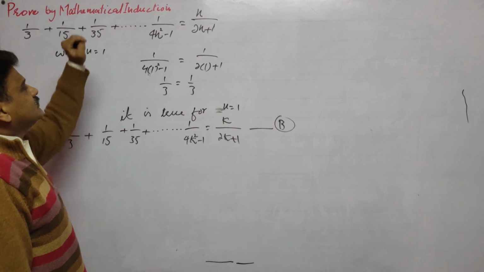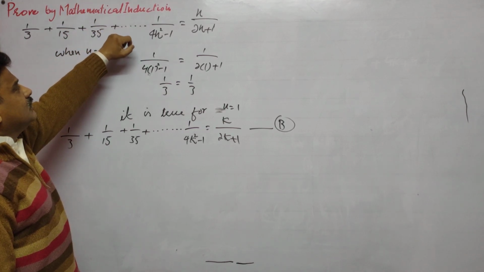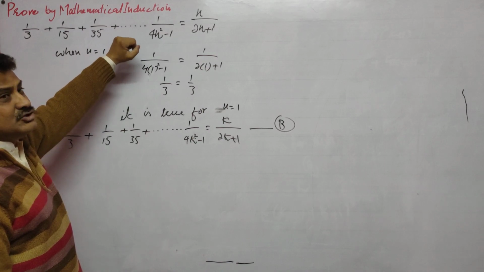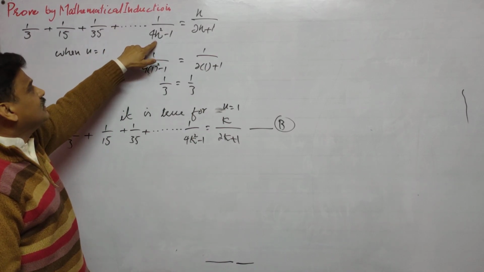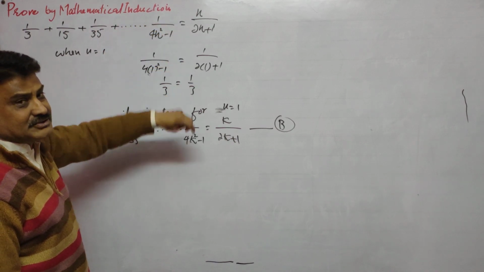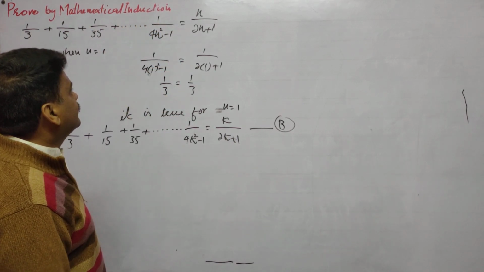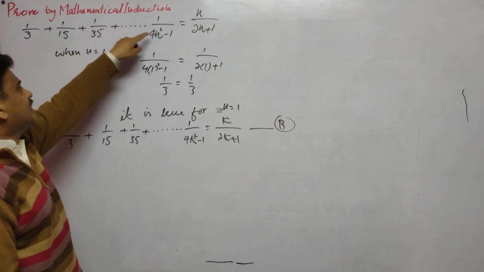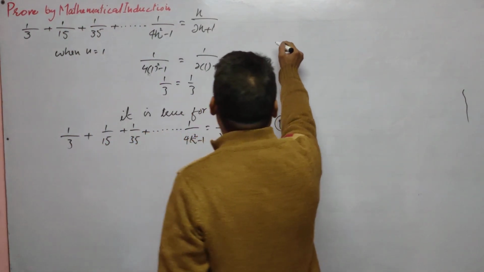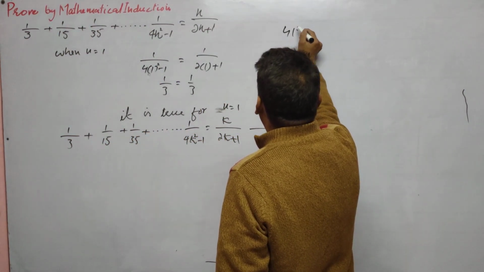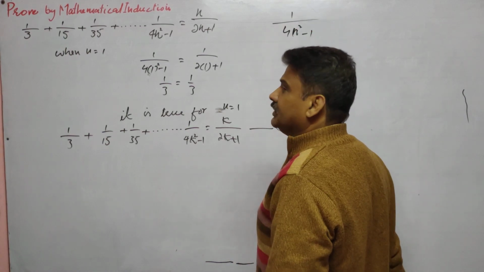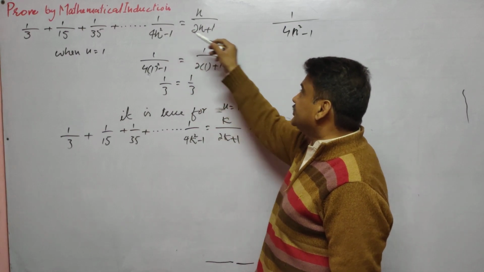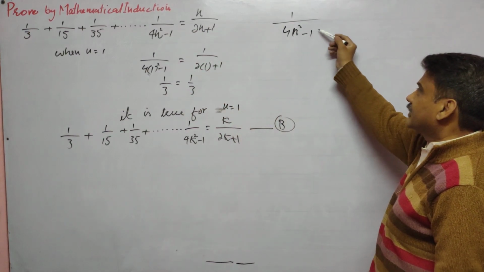We should add the expression obtained by replacing n by k plus 1 in the left side of the given statement. The left side is 1/(4n² − 1).